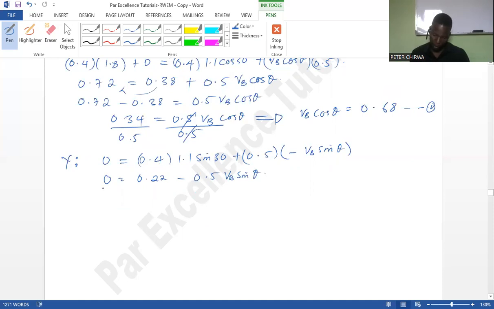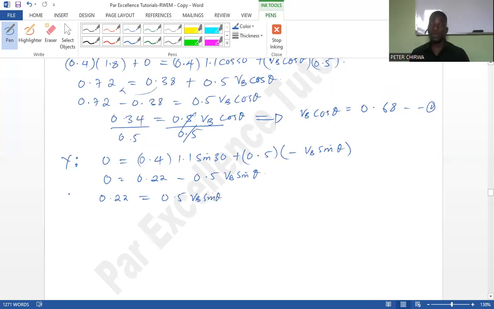I can take this one the other side, and then I have 0.22 equal to 0.5 VB sine theta.